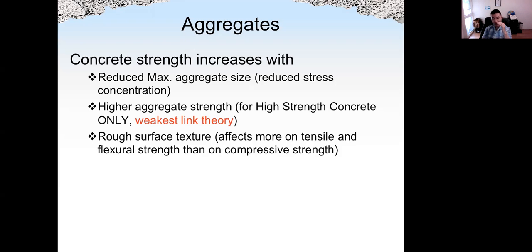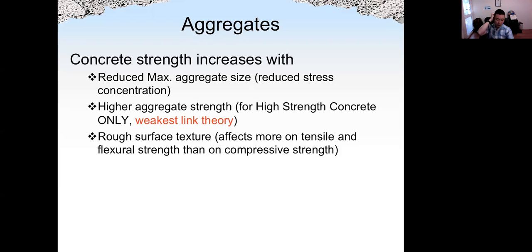Stress concentration will cause concrete to crack first. That's the reason concrete fails. So reduce the size of aggregate, reduce the stress concentration, the strength will go up. That's why for high strength concrete we reduce the size of coarse aggregate.